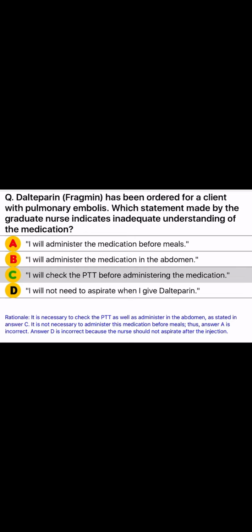D. I will not need to aspirate when I give dalteparin. Rationale. It is necessary to check the PTT as well as administer in the abdomen. As stated in answer C, it is not necessary to administer this medication before meals. Thus, answer A is incorrect. Answer D is incorrect because the nurse should not aspirate after the injection.